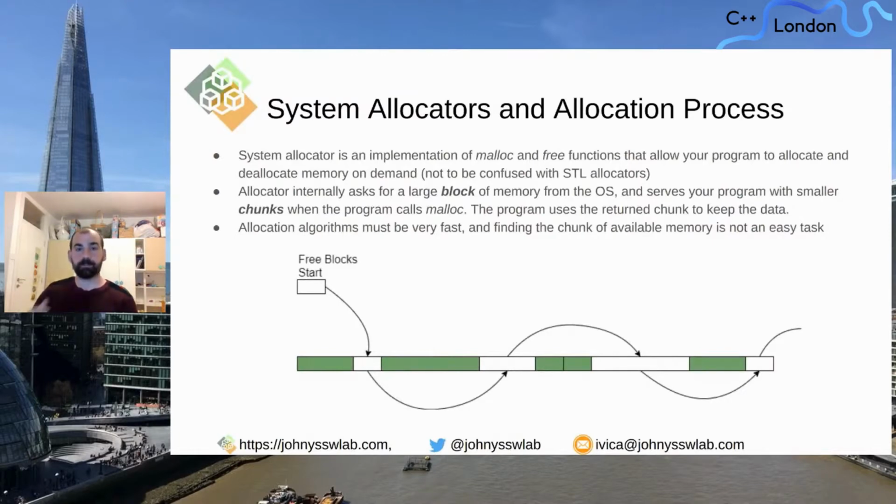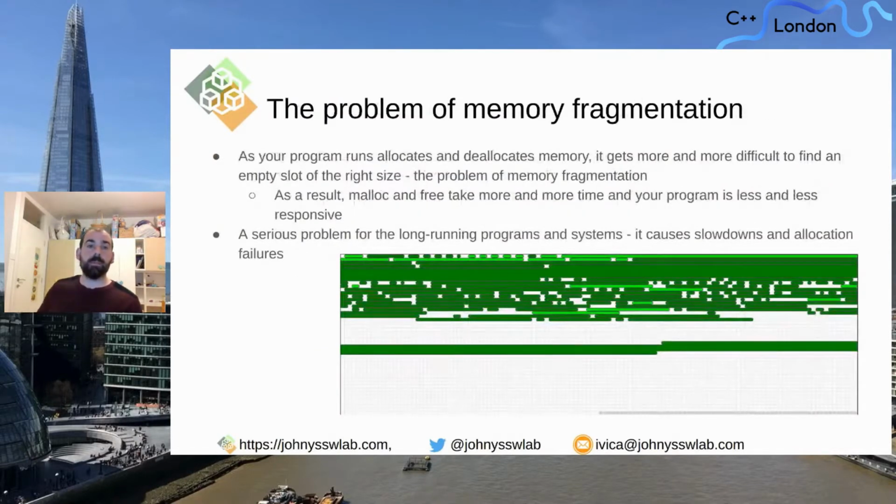So the biggest problem of memory allocation and deallocation is the problem of memory fragmentation. To fragment means to break something, and this is like breaking large blocks into pieces. I guess most people have heard about memory fragmentation, so I'm just going to give you a short description and an example.